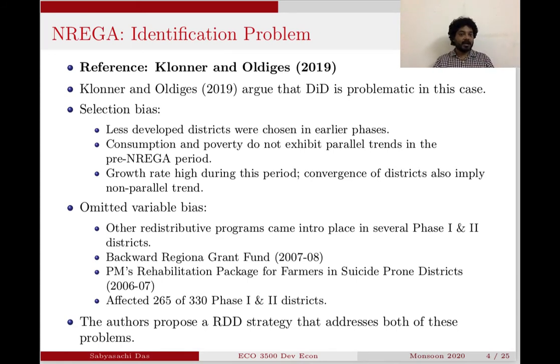And the other program, which is relatively smaller, is the PM's rehabilitation package for farmers in suicide-prone districts. Again, that's targeted to statistically poorer districts, and it comes into effect in 2006, exactly the year in which NREGA starts.